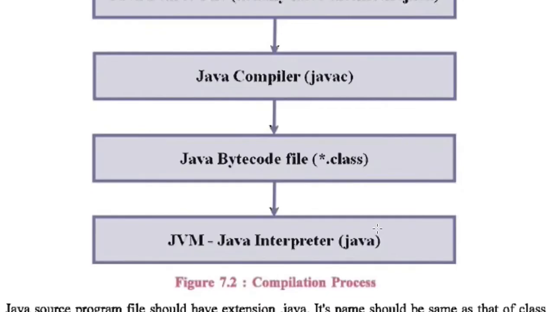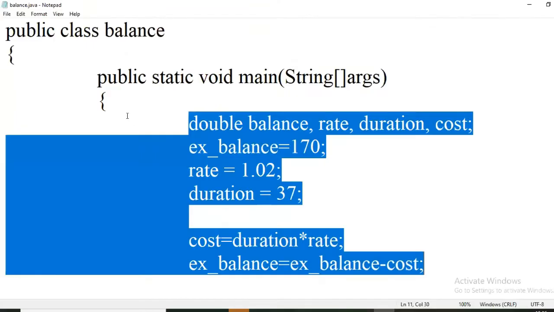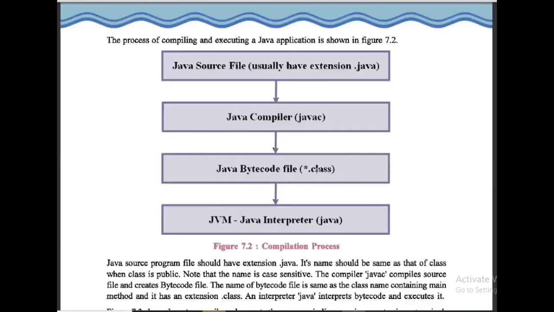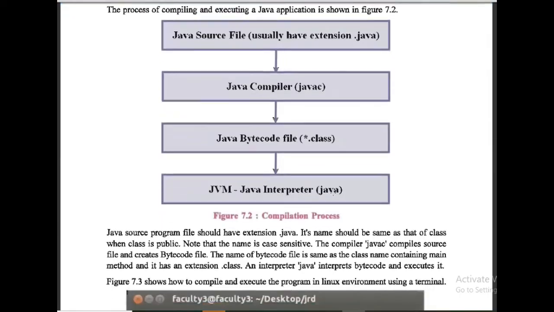Then there is the Java bytecode file that has the extension .class. We save our file with the class name and the .java extension, so a file with this name is created, and that is the class file.